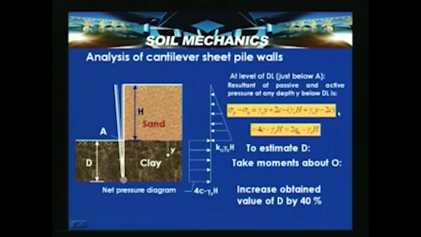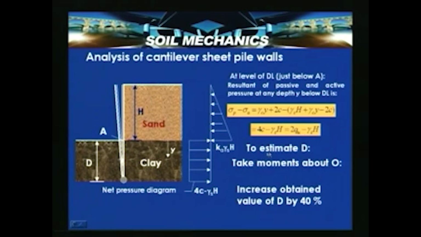So Ka is equal to 1 for phi equal to 0 soil, that is, this is the clay having phi equal to 0, so K is equal to 1. The factor is not taken because Ka is equal to 1 here, and Ka gamma sh, gamma cy, minus 2c. So when you simplify, 4c minus gamma sh yields 2Qu minus gamma sh, where gamma s is the unit weight of the sand.